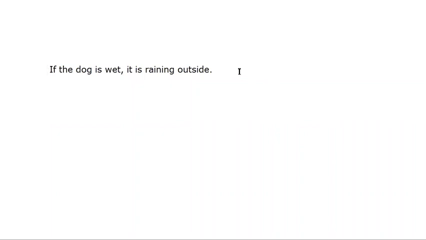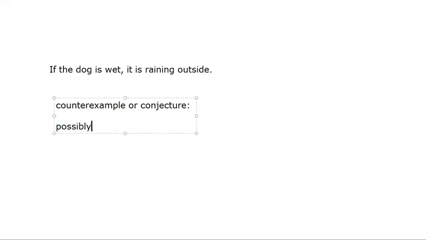Now, if you say false, you only need one conjecture or counterexample. So a counterexample or conjecture might be, doesn't have to be, possibly, I gave the dog a bath.